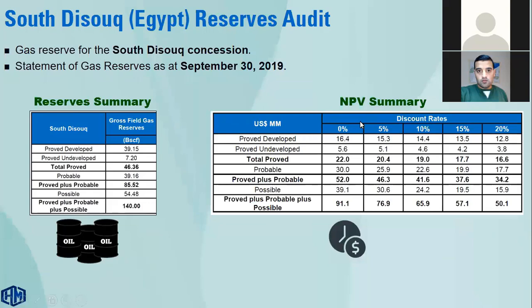As you can see, at these different discount rates, you will find the net present value of the project, and this is important for oil and gas operators, to have the net present value of the entire subsurface accumulations and entire subsurface volumes or reserve.